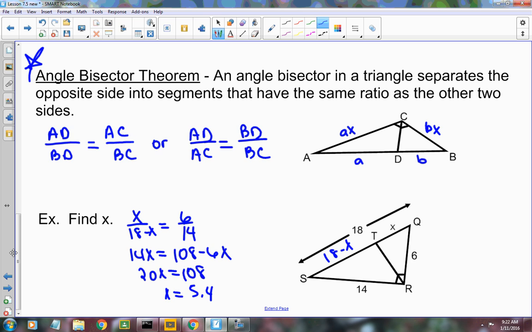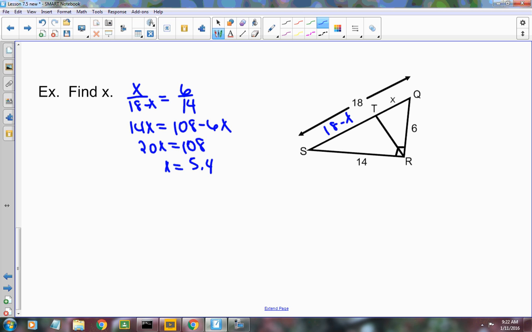So, not a hard concept, okay? You have a triangle, and you draw the angle bisector, and what it's telling you is that it breaks the opposite side into a ratio that's the same as the other two sides. So then this, like here, could be 4, and this could be 6. So if you compare this as 2 to 3 as 4 is to 6, those are both 2/3, right?